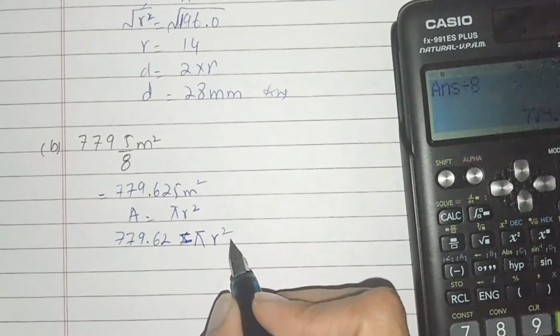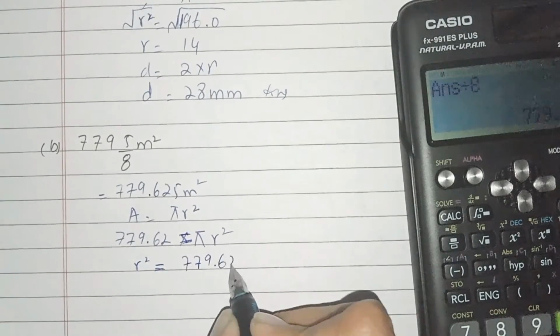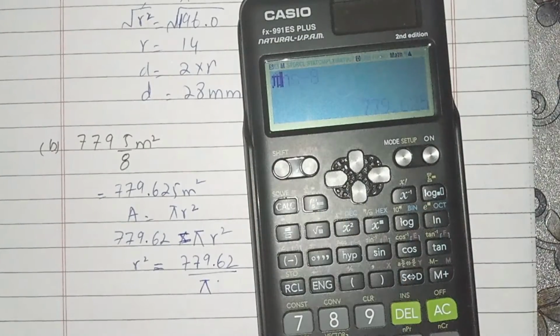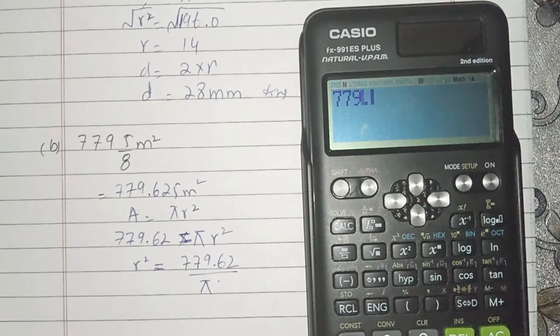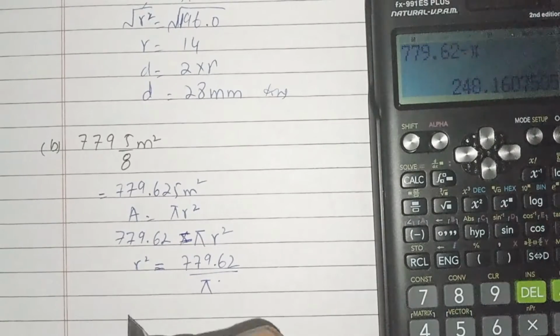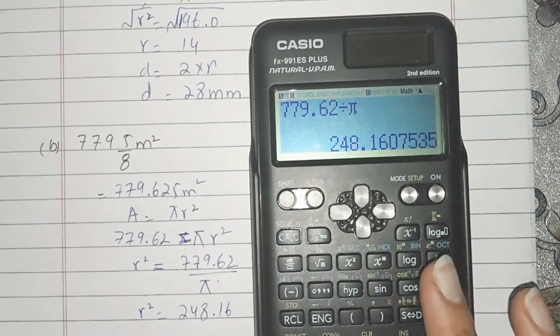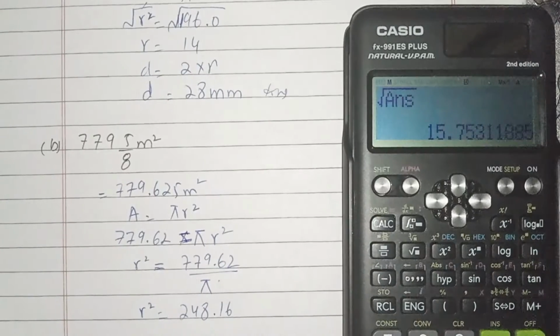We have to find the value of r first. 779.62 divided by pi, and we get 248.16. Take the under root, shift, under root answer, and we get 15.7.